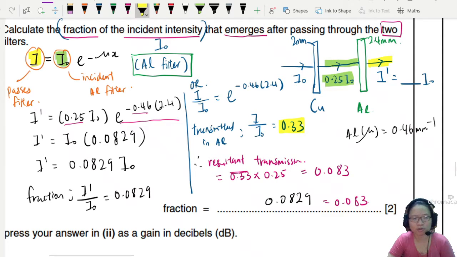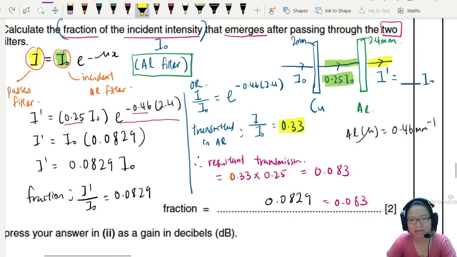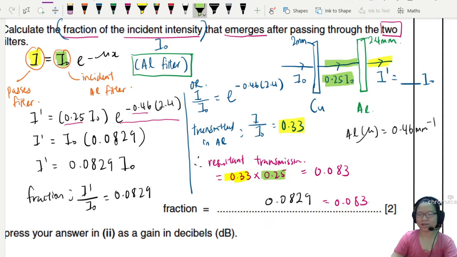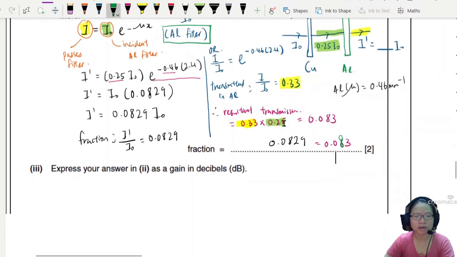All right, that's how you get 0.083, or rather just about 8.3% passes through. Okay, so that's done. Let's move on to the next part.